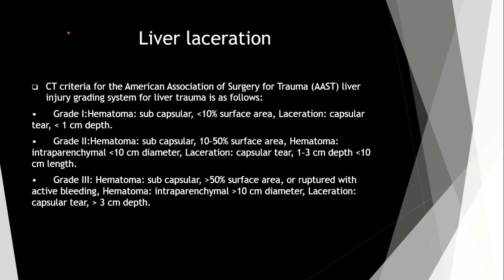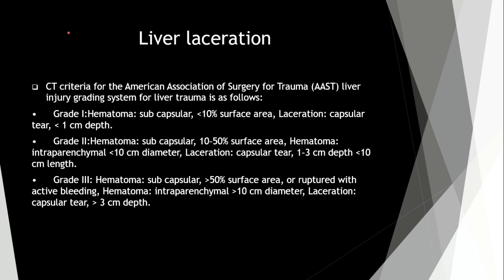Okay. Grade 1. Hematoma subcapsular less than 10% surface area. Laceration capsular tear less than 1 cm depth. Grade 2. Hematoma subcapsular 10 to 50% surface area. Hematoma intraparenchymal less than 10 cm in diameter.